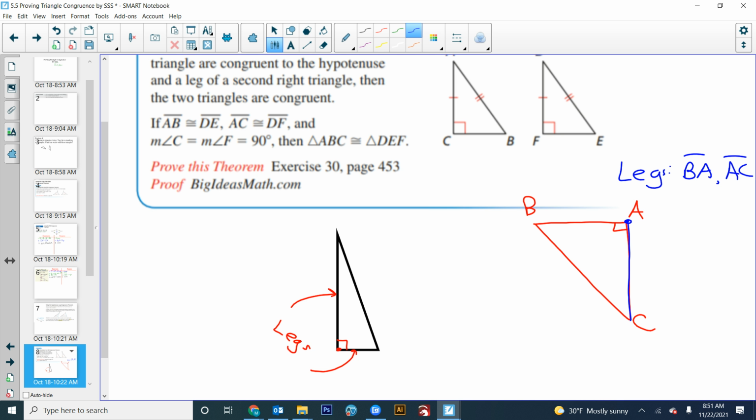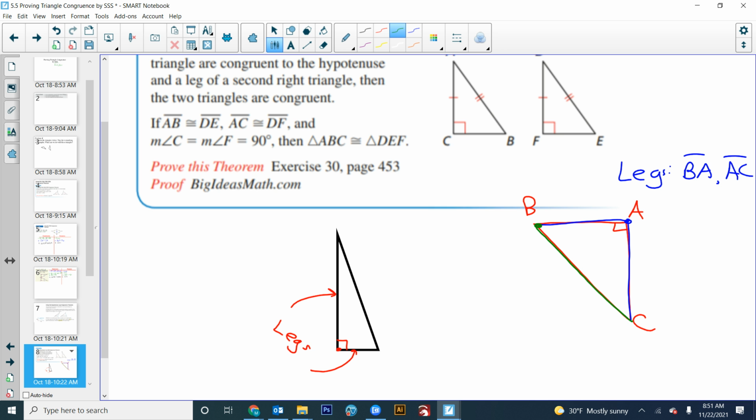Two legs. They're not always the same length, though, are they? So, where is the hypotenuse? The last one, the one that doesn't touch the right angle.